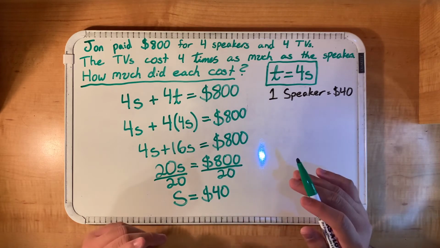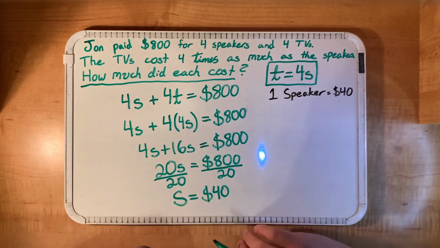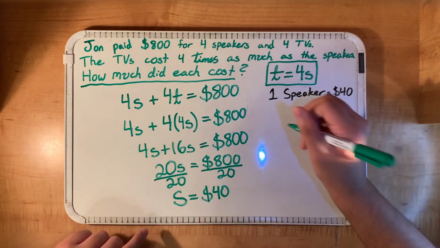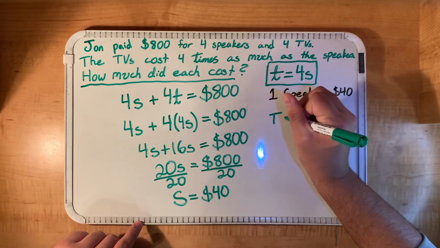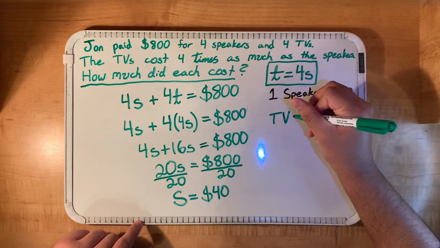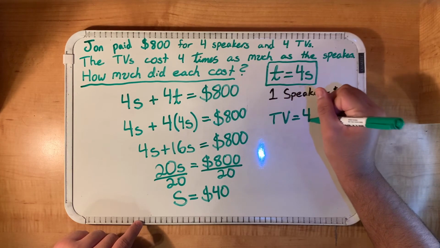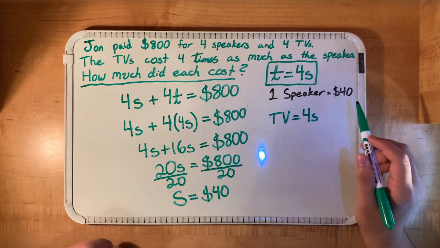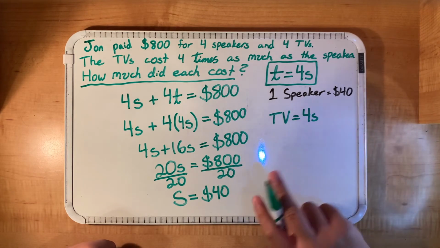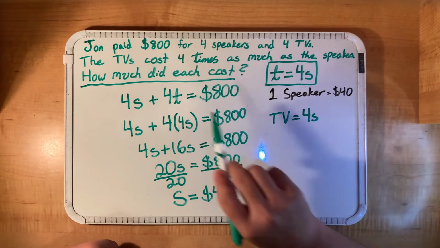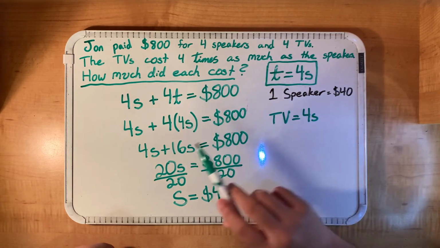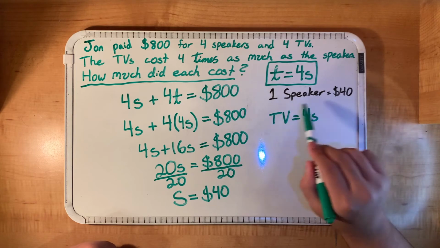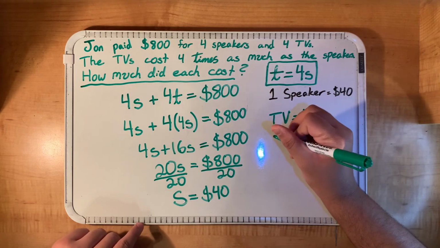We know the price of one speaker, so we just need to find the price of 4 speakers. So we have T, which now I'm going to write TV, is equal to 4 speakers. And if one speaker is equal to 40, we can replace the values. Like I did here with these two, I can replace this S with $40 since one speaker is equal to $40.